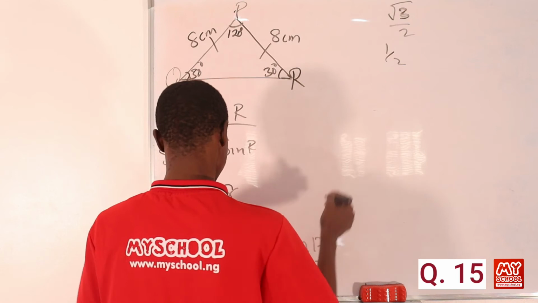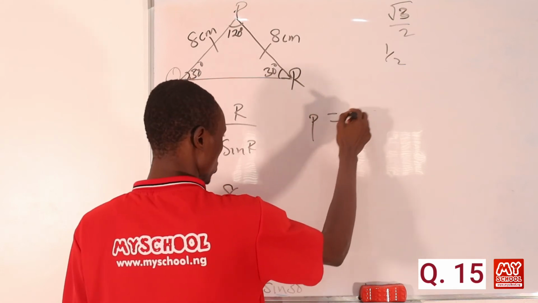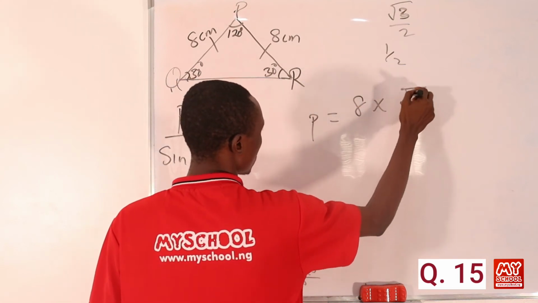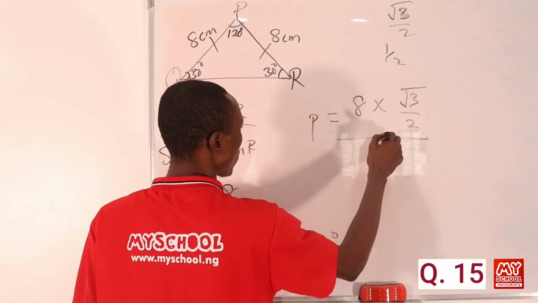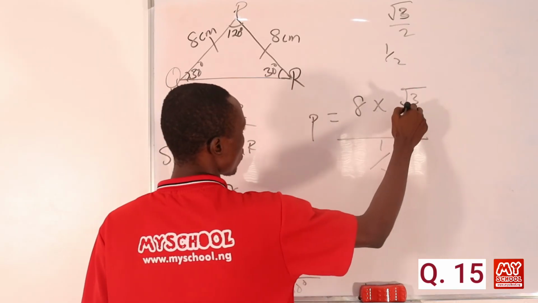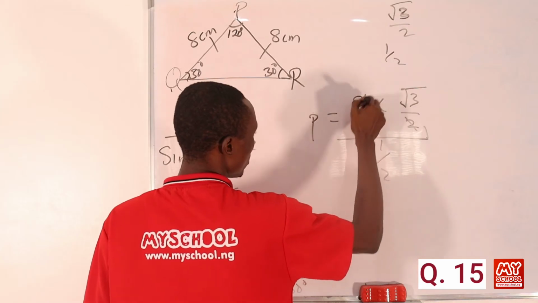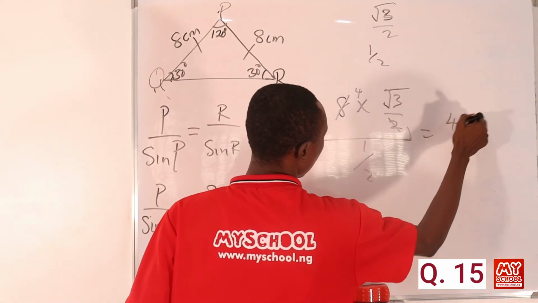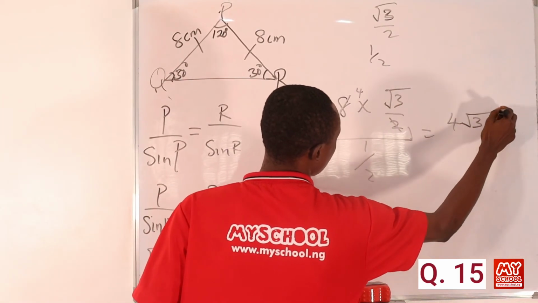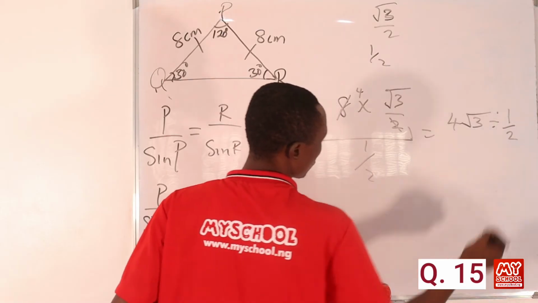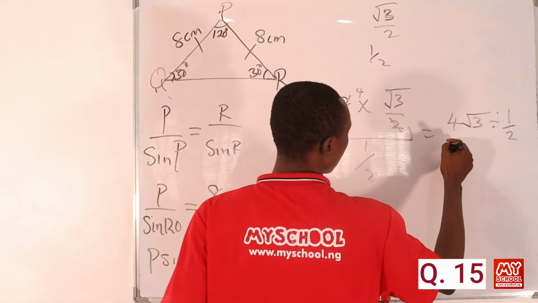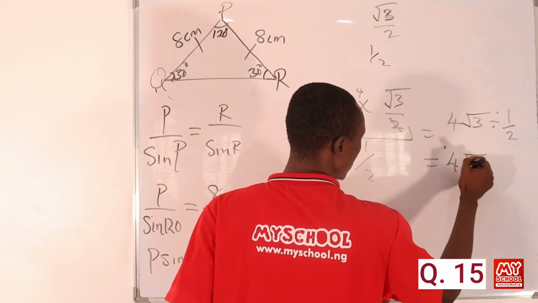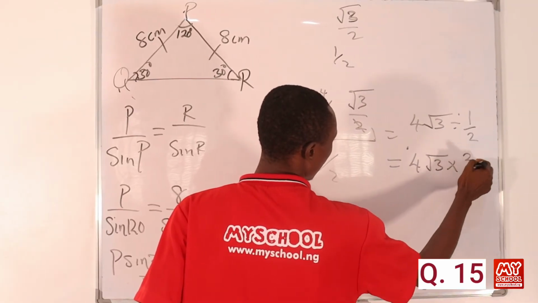So let's put in our values here. So that p will be equal to 8 times root 3 all over 2 divided by 1 over 2. Okay, so 2 here is 1, 2 here is 4, right? So we still have 4 root 3 divided by 1 over 2, right? So if we change this, we'll be having 4 root 3 times 2 over 1.